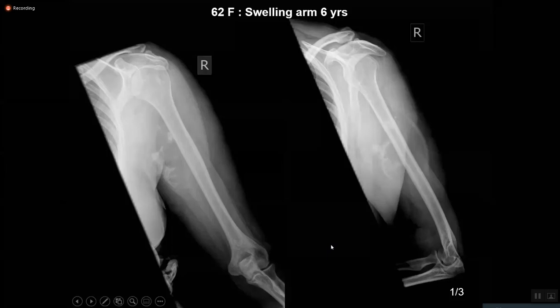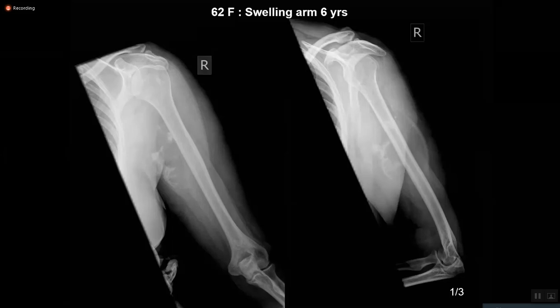I'm trying to see whether this is scalloping the adjacent humeral cortex or indeed potentially arising from the bone. I can't see any convincing evidence that it is. But nevertheless, there's clearly a quite large soft tissue lesion, probably within the muscle layers.